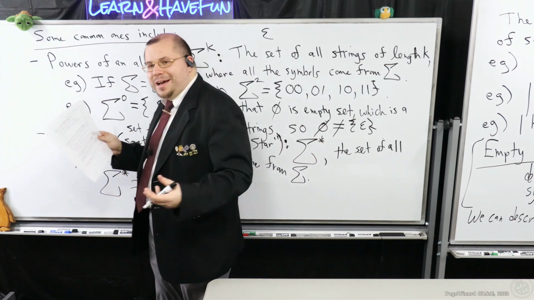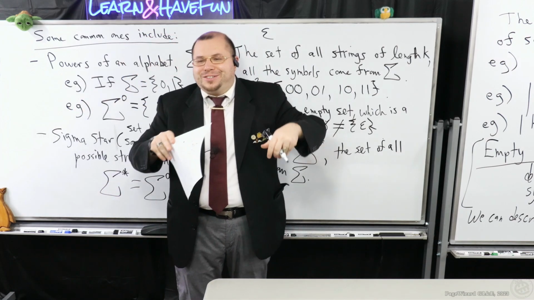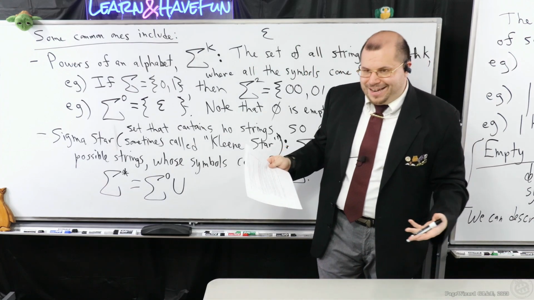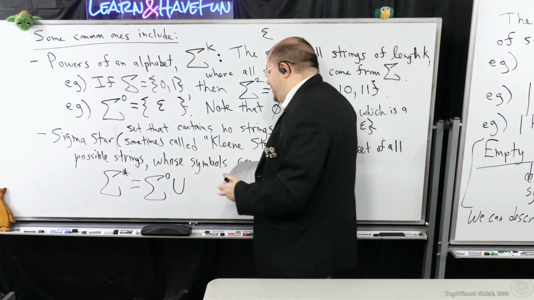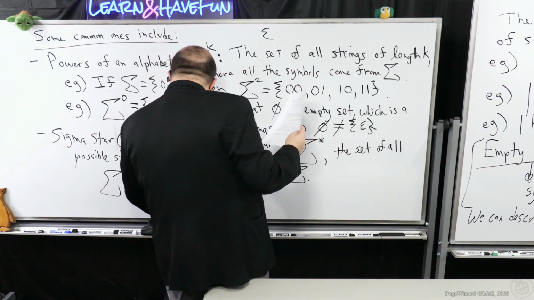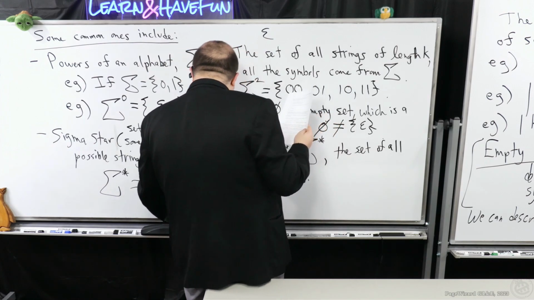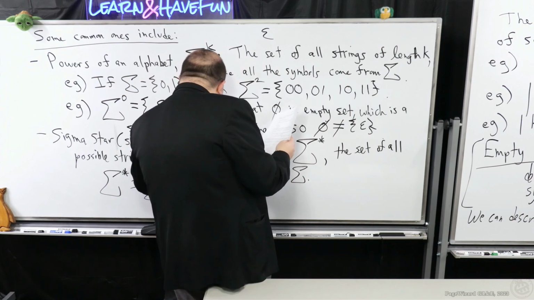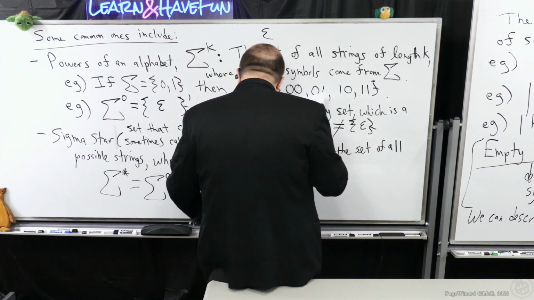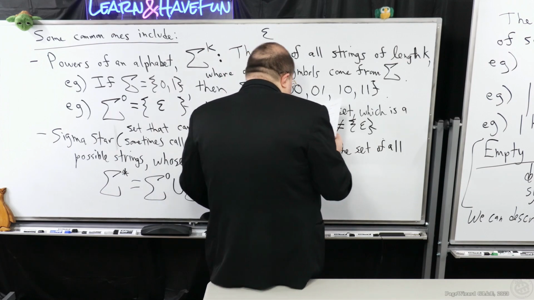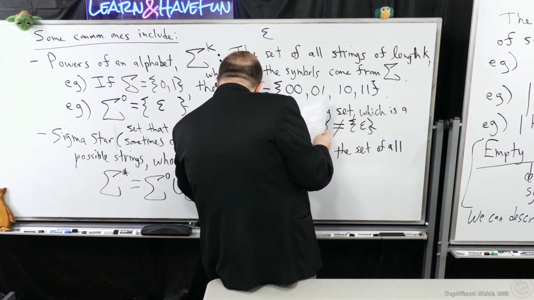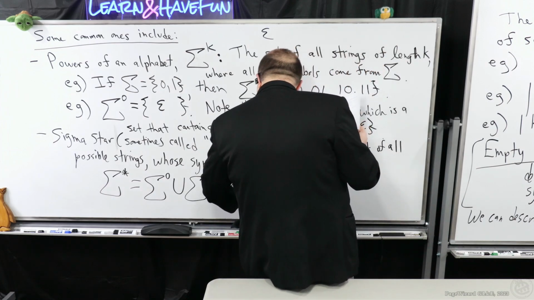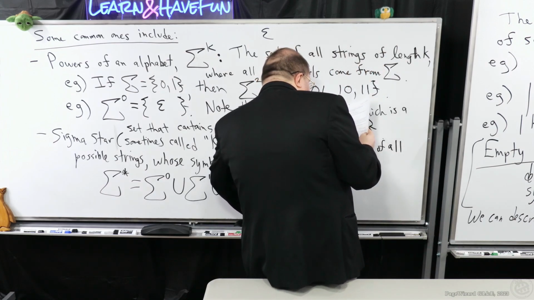It's simply going to mean I'm going to dump all of these strings into one super bucket, which is a set too. So I'm going to take all the strings of length 0 that use the alphabet, combine it with the set of all strings using the alphabet of length 1, combine this with the set of all strings of length 2 using the alphabet, and so on.